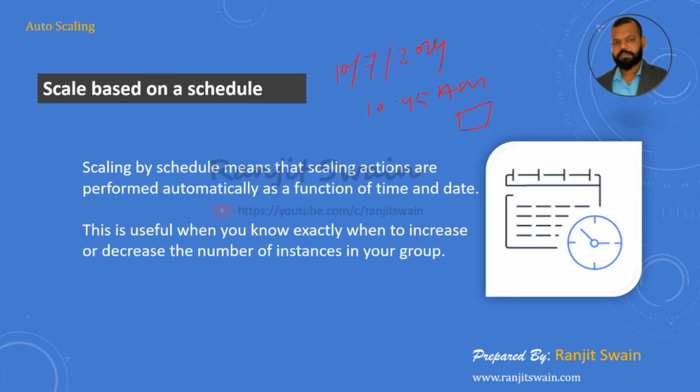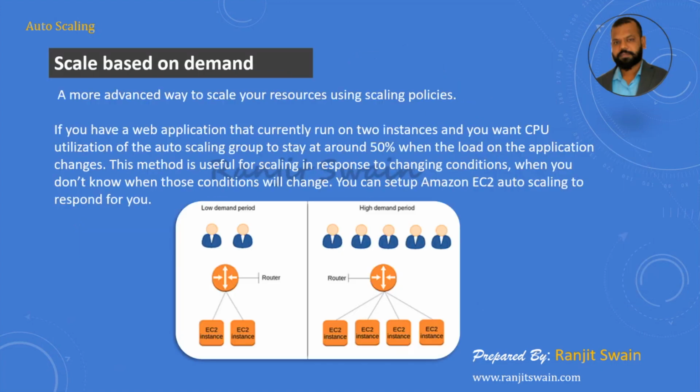Based on the schedule, date and time, one more will be added. This is useful when you know exactly when to increase and decrease the number of instances in your group. That time you have to schedule, scale based on a schedule.